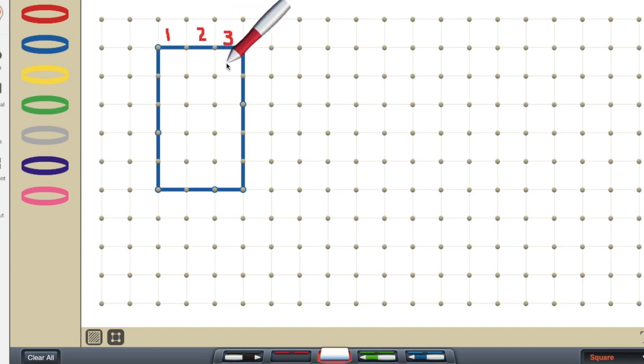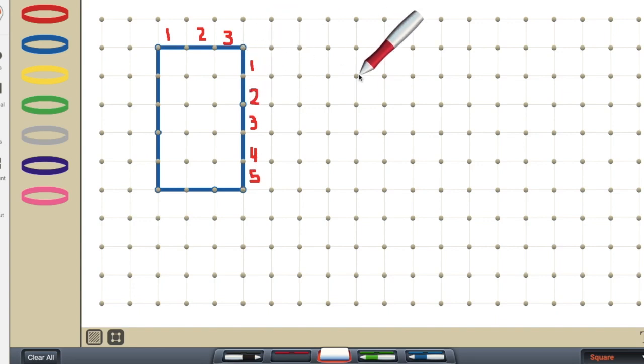Well, let's take a look. We have 1, 2, 3, 4, 5 rows. Or another way of looking at this is we have 1, 2, 3, 4, and 5 units down the length of this rectangle.